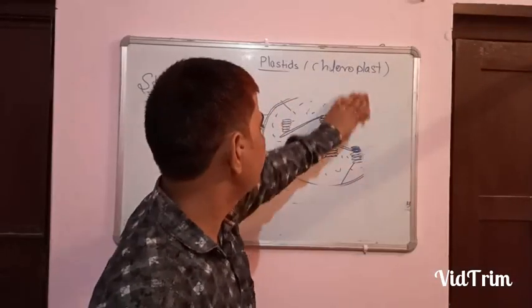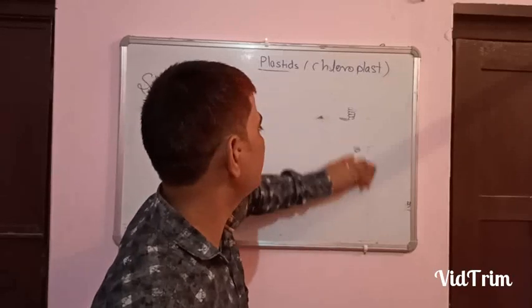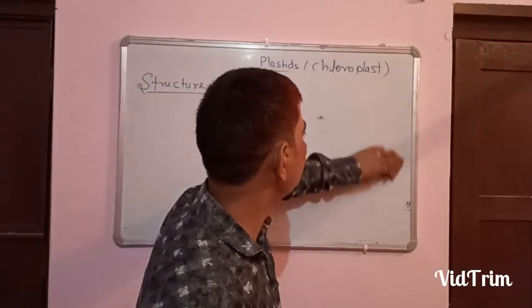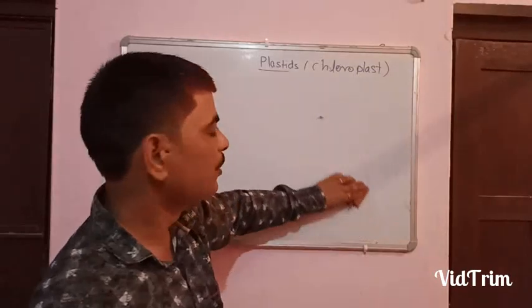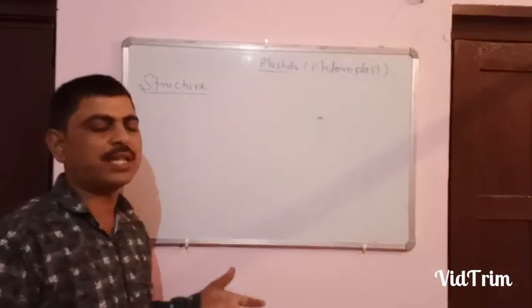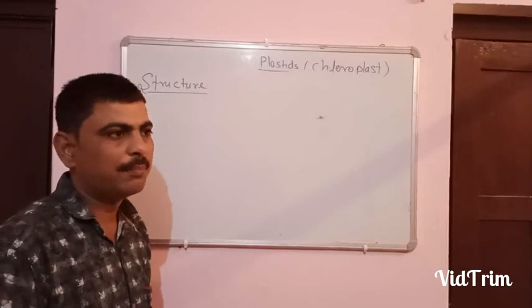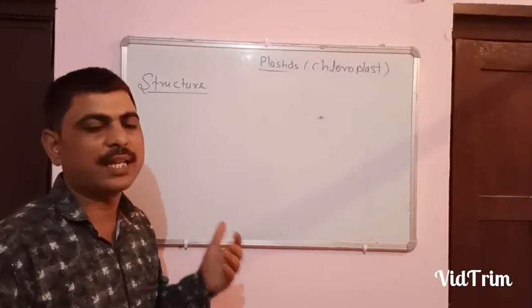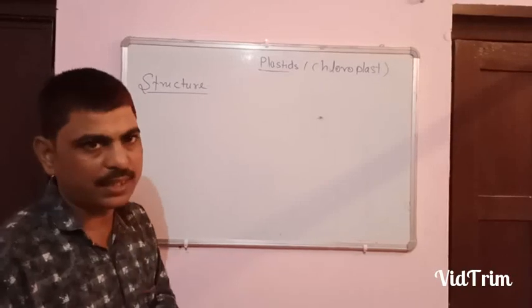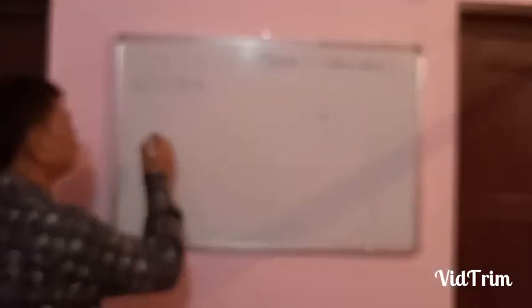Actually, students, grana have the chlorophyll, and you studied that photosynthesis is a process in which solar energy is trapped by the chlorophyll and converted into carbohydrate by combining water and carbon dioxide. Okay, so that is the process of photosynthesis.